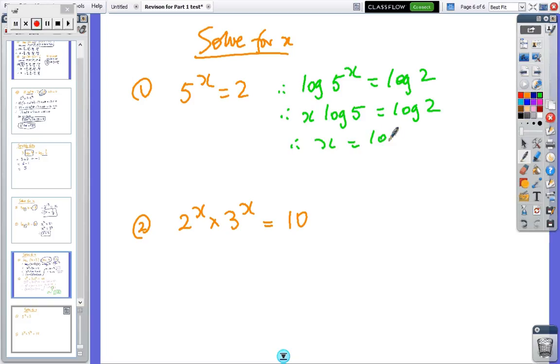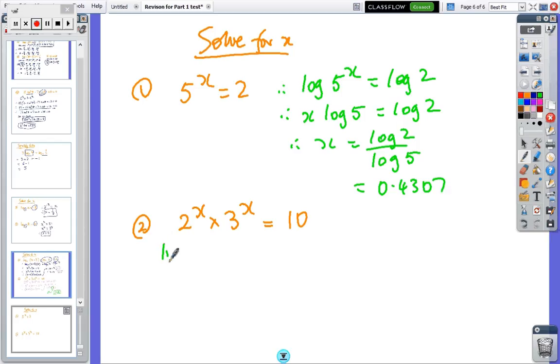So x equals log 2 over log 5. Get my calculator. Log 2 divided by log 5 equals 0.4307.